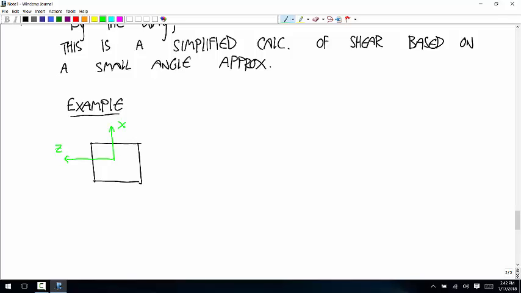Y always has to be the difficult one. X cross z is equal to negative y. And after deformation, the shape looks like this. And this angle is 1.43 radians.